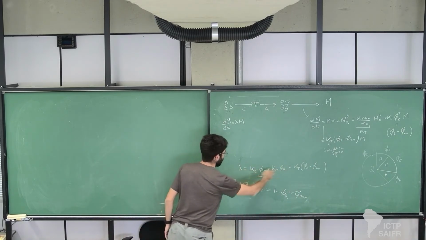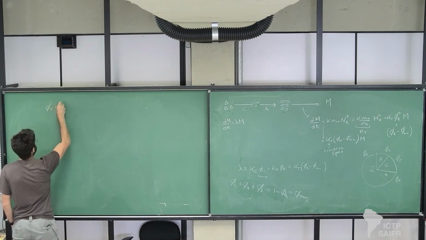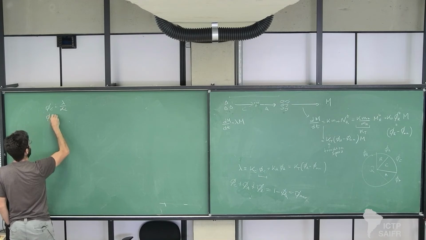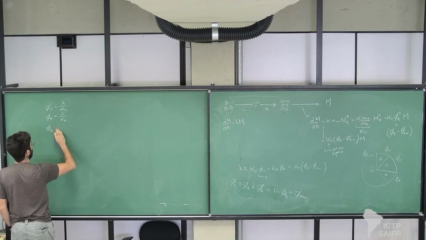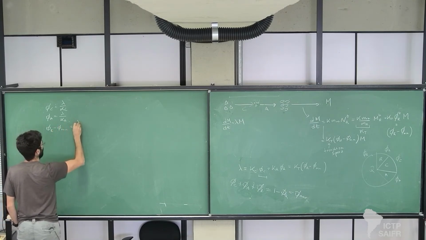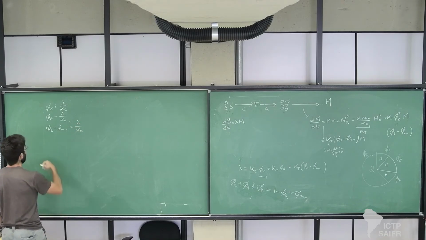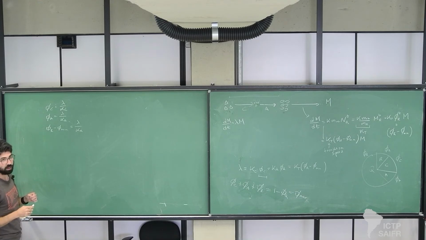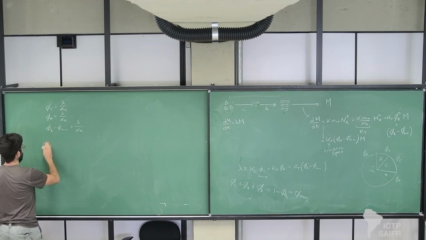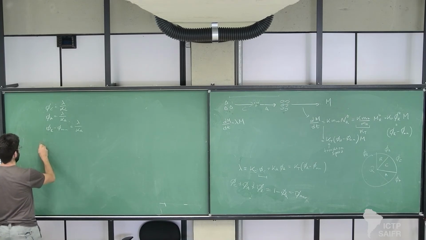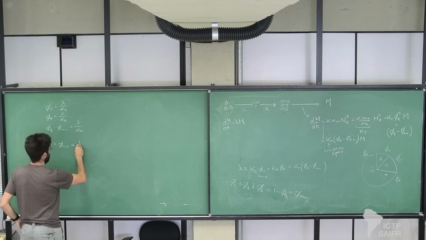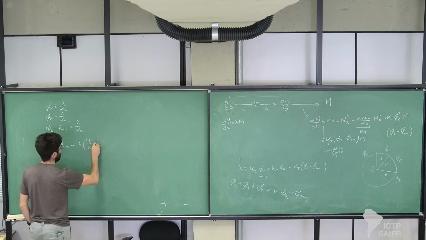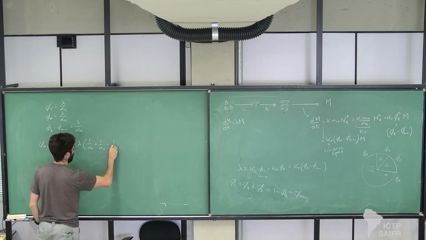So I can write that phi C is equal to lambda over Kc, phi A is equal to lambda over Ka, phi R minus phi min is equal to lambda over Kr, and then I have phi Q. If I sum these three terms, I get 1 minus phi Q, so phi max, is equal to phi min plus lambda times 1 over Kc plus 1 over Kr plus 1 over Ka.